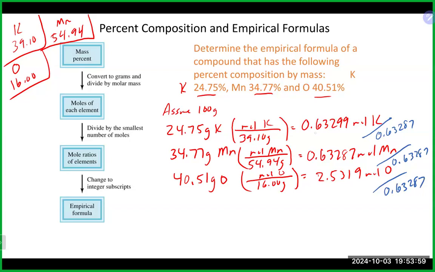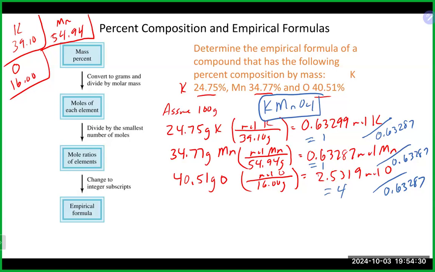When I do that, that is going to give me a 1 for my potassium. It's basically going to give me a 1 for my Mn. And lastly, for my oxygen, it is going to give me a 4, basically. And we did hit pretty much all whole numbers, which means that should be our empirical formula, KMnO4, a little potassium permanganate here.